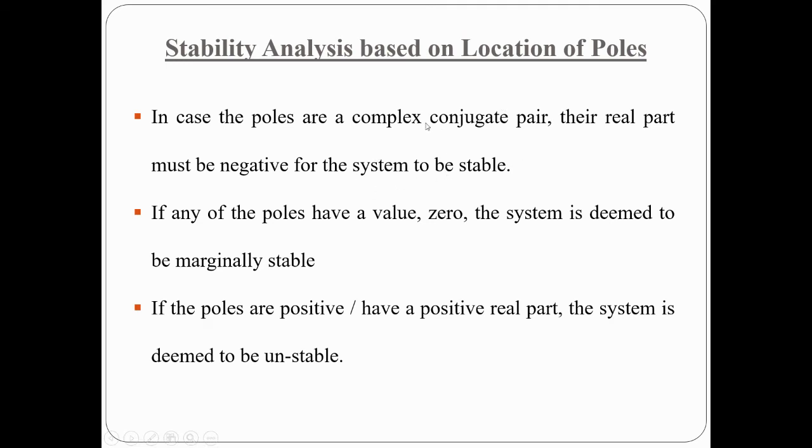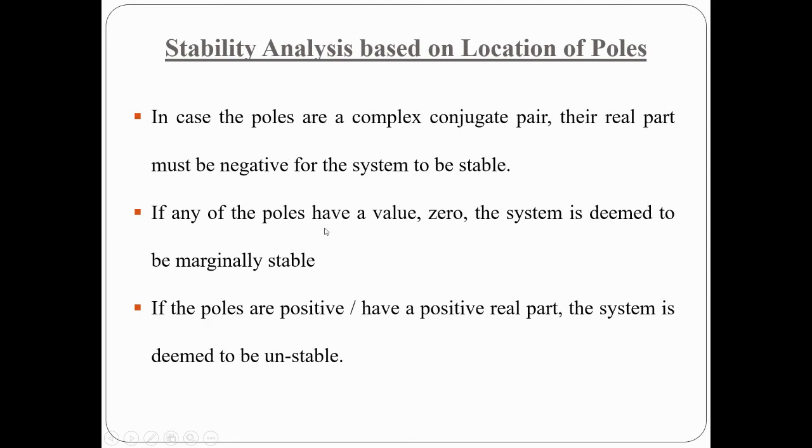In the previous problem, the poles that we found were a complex conjugate pair with real part minus 0.25, which falls on the left side of the S plane. So we can conclude that the system is stable.